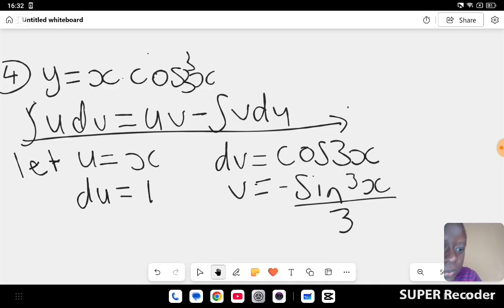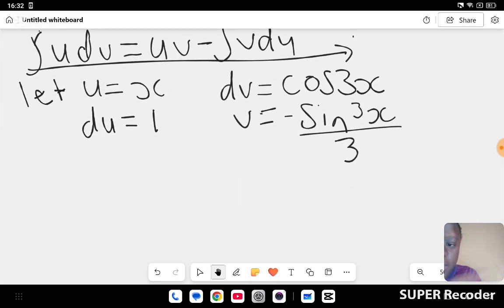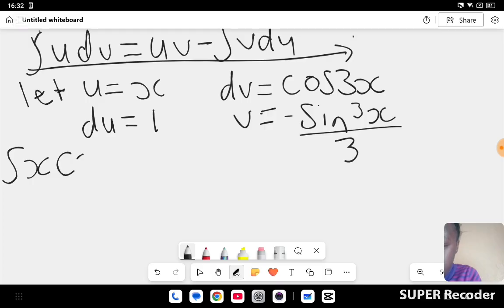Using this formula, we have to write it like this. The integration of x cos 3x is equal to, with u, you put x.